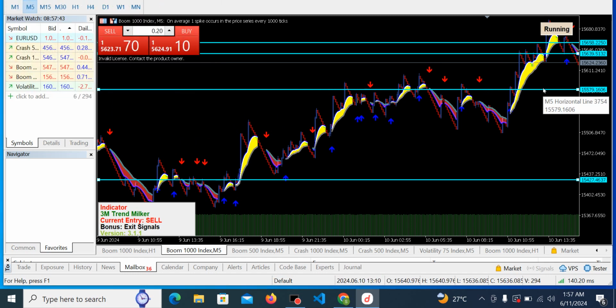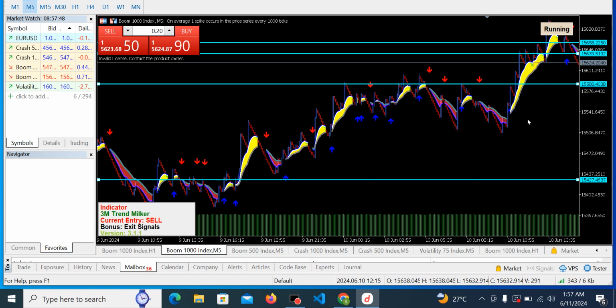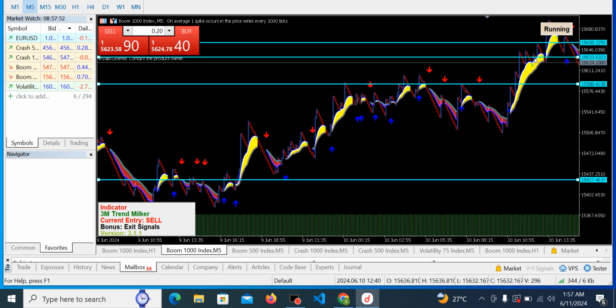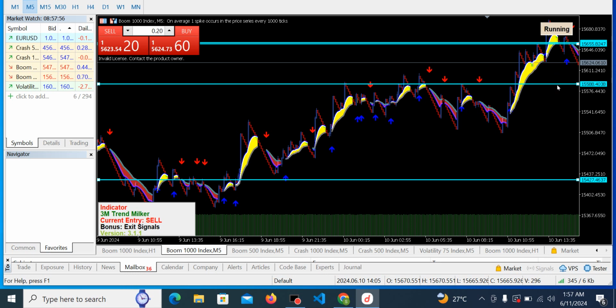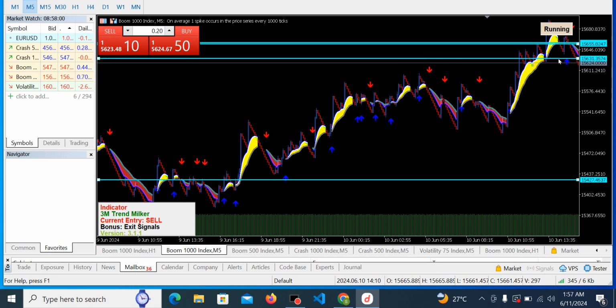This time around you should be locking up about 70% of the profits. This time around you are having enough profit for yourself at this point. Of course this came down and went back up again. At this stage you should adjust more, close to 80% of the profit, and at this point it came down till it got to your stop loss. That is the beautiful part of it.